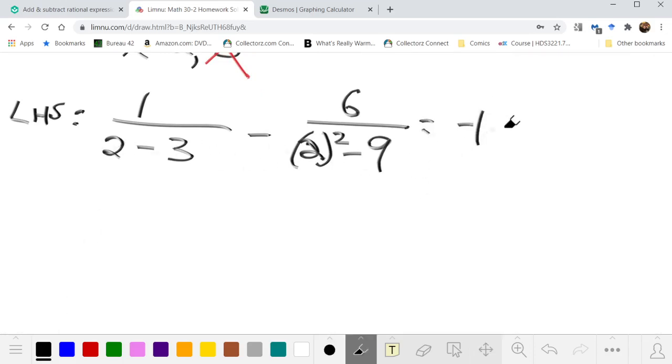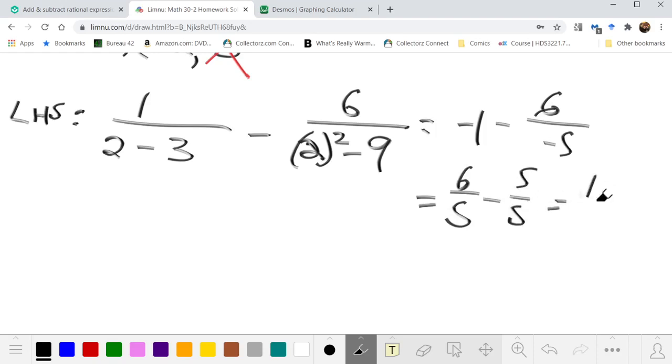So then this becomes a negative 1 minus a 6 over a negative 5. So that is 6 over 5 minus 1, which is minus 5 over 5, or 1 over 5, which is our right-hand side. 6a checks out.